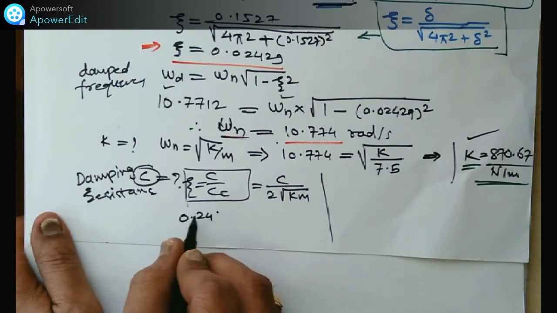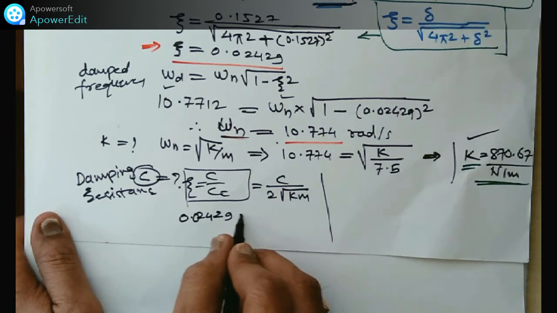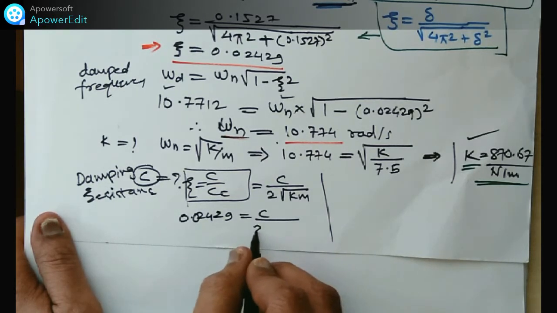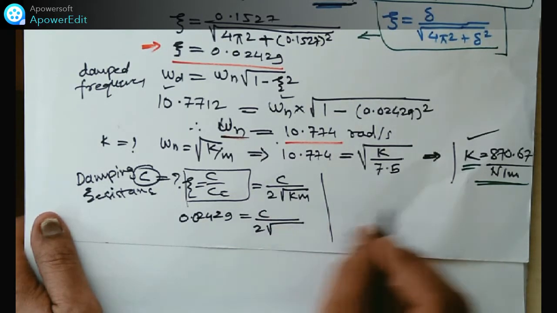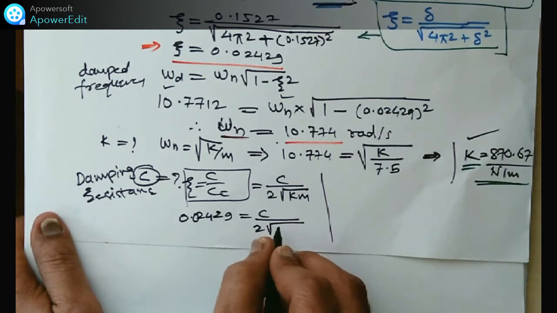Okay, so I'll write here C, we have to find out C upon 2 into square root of K into m, which is 870.67 into 7.5.